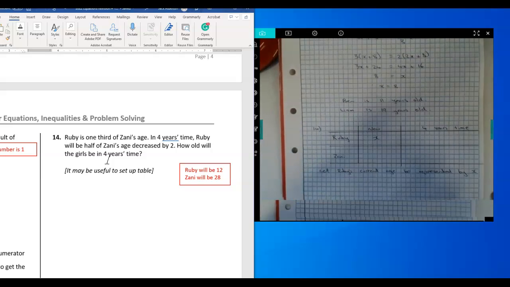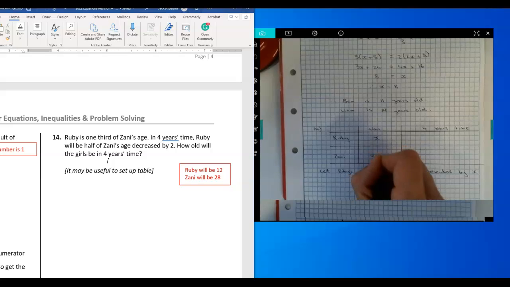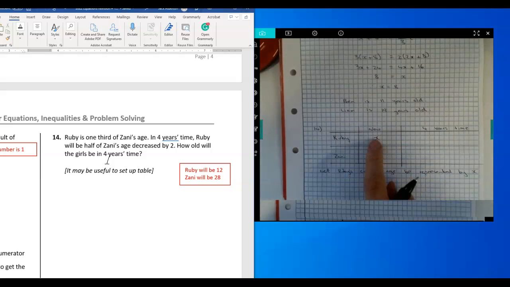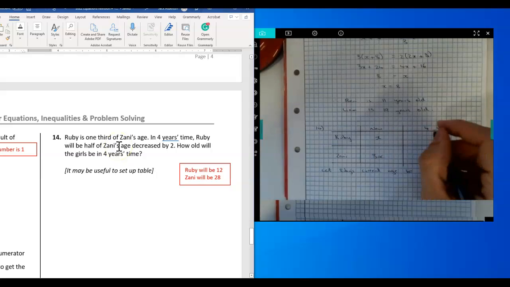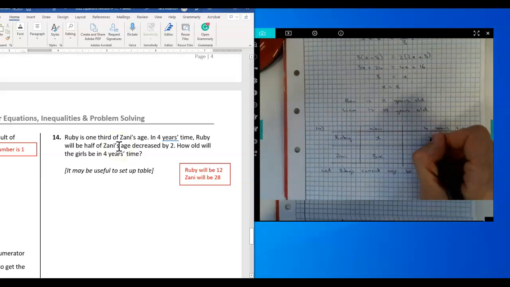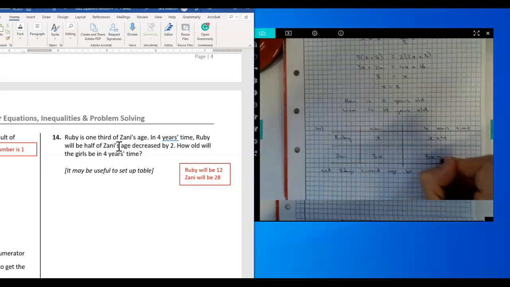Now Ruby is 1/3 of Zanny's age. So if Ruby was x, that means that Zanny has to be 3x, because Ruby's 1/3 of Zanny's age. Then in 4 years' time, Ruby would be x plus 4, and Zanny would be 3x plus 4.